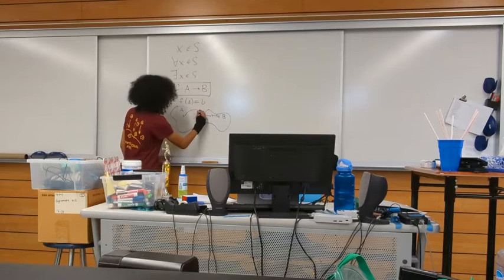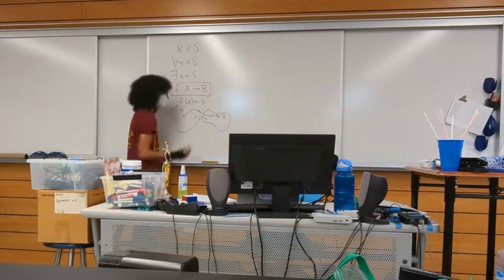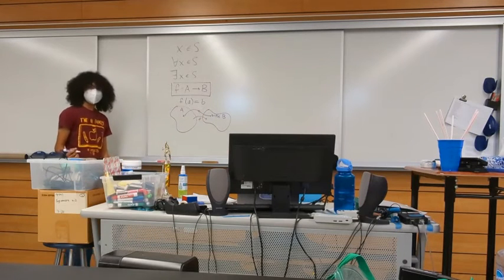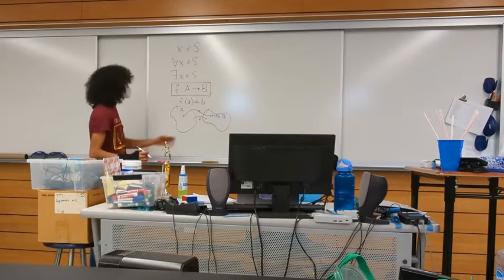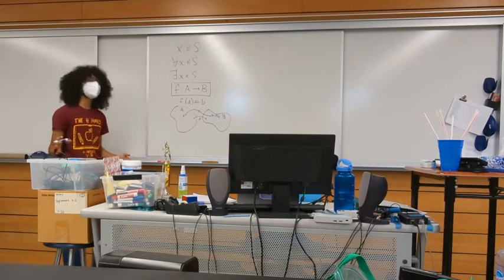So f would go this way. We want a sort of inverse mapping that goes that way. Okay. And when I say that, what I mean is that we want this to exist without any problems.